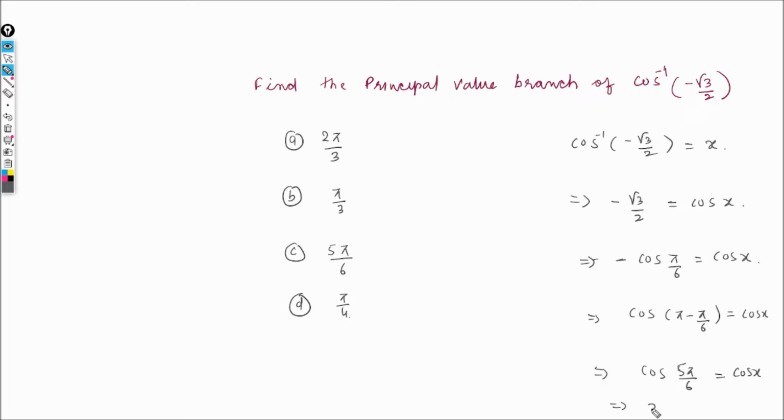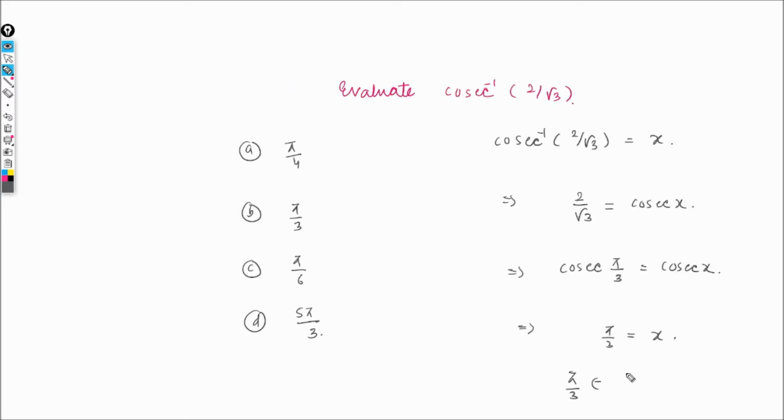So this implies x is equal to 5 pi by 6. So therefore our answer will be C. Pi by 3 belongs to its principal value branch minus pi by 2 comma pi by 2. So therefore our answer will be B.